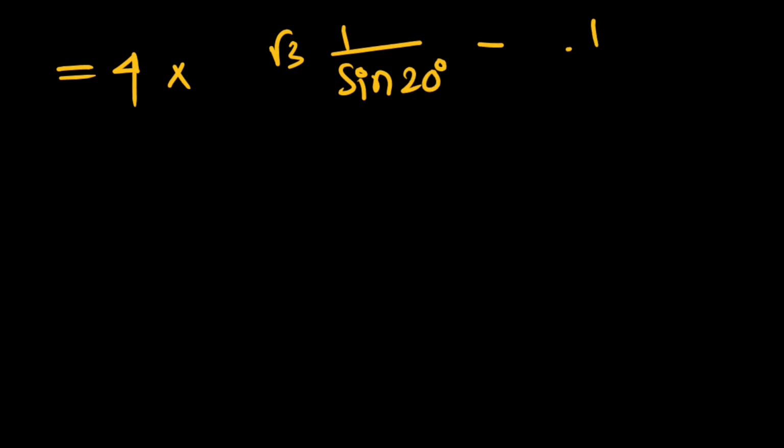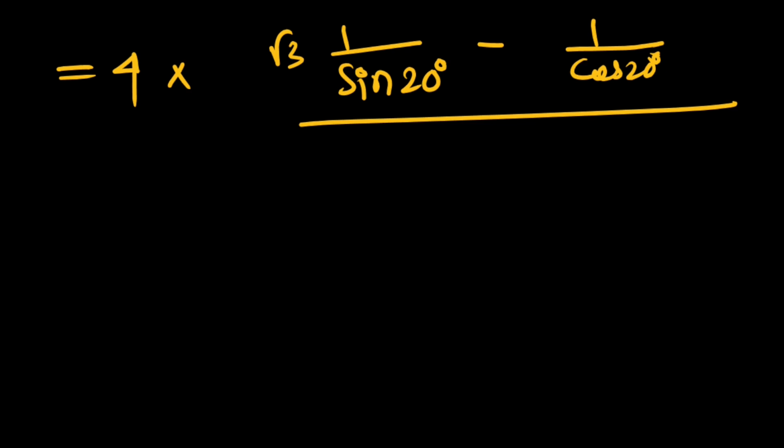So we can write 4 times root 3 over sine 20 minus 1 over cos 20, over cos 60 value. Cos 60 value is 1 over 2, therefore that is 1 over 4.